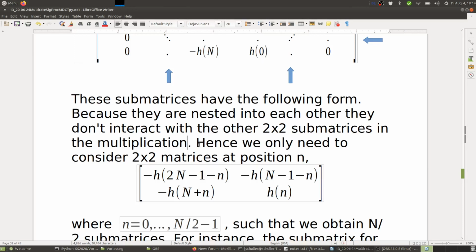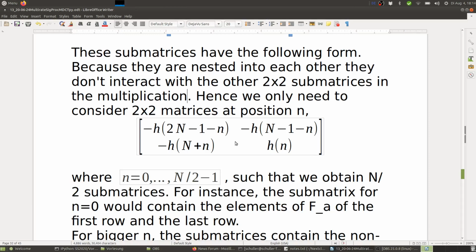Hence, we only need to consider 2x2 matrices at position n. So here we can see it. This is basically the possible submatrices where we choose n between 0 and capital N over 2 minus 1. Right? This gives us all possible submatrices. So in this way we get N over 2 submatrices.